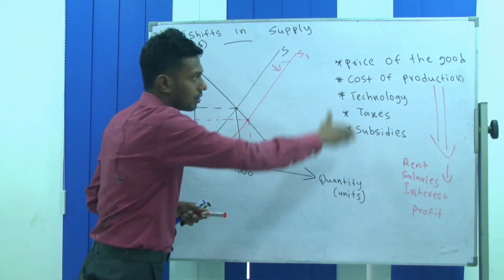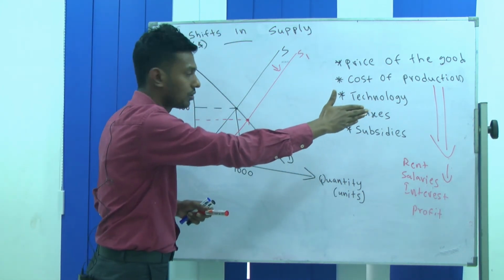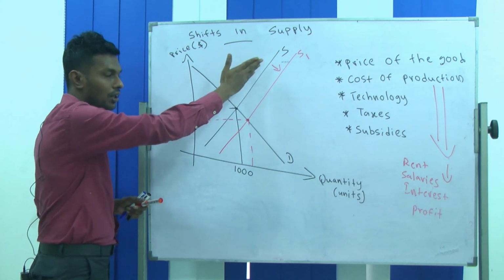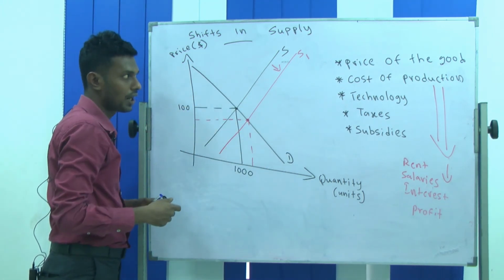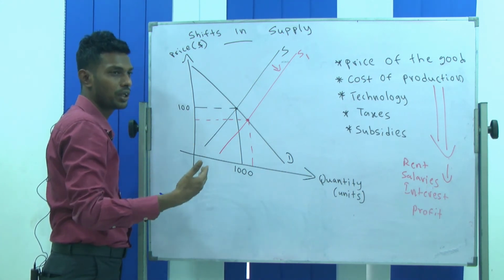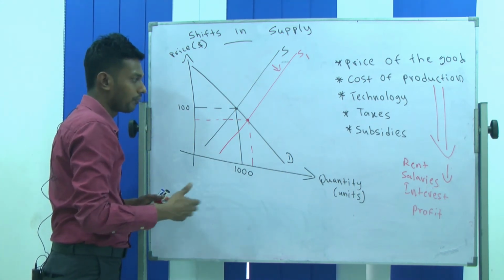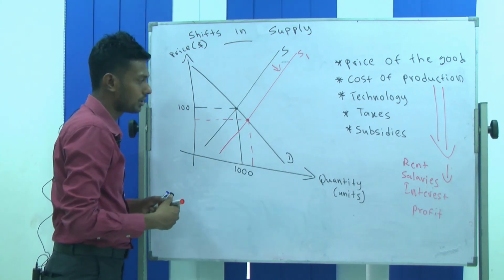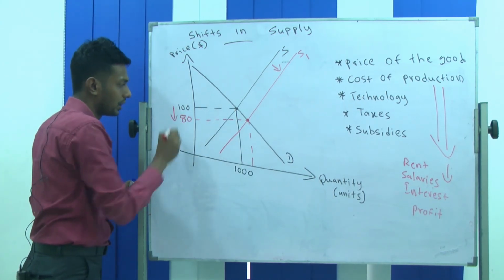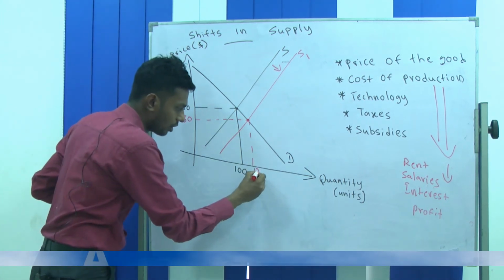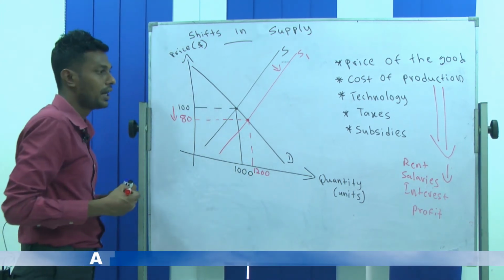Rent reduces, cost of production reduces while the price remains constant. The entire supply shifts to the right because suppliers are motivated to supply more. With the rightward shift of the supply curve, automatically the price of the particular good reduces while the quantity of the particular good increases.